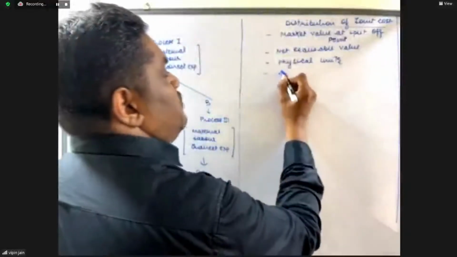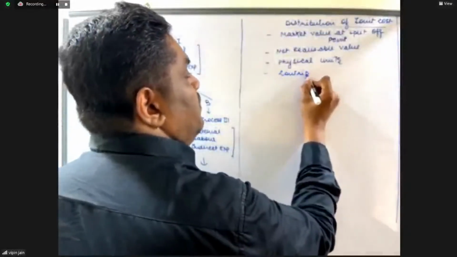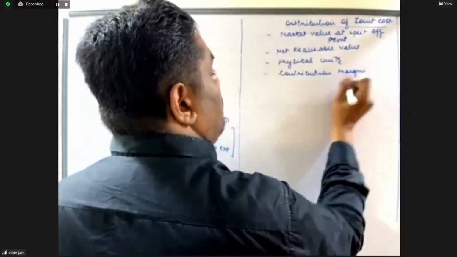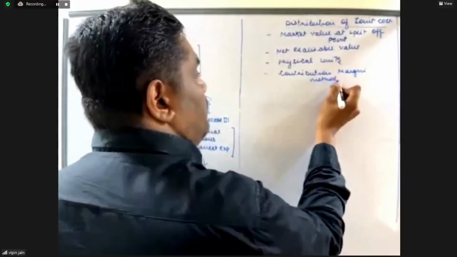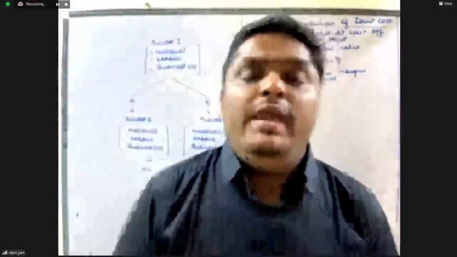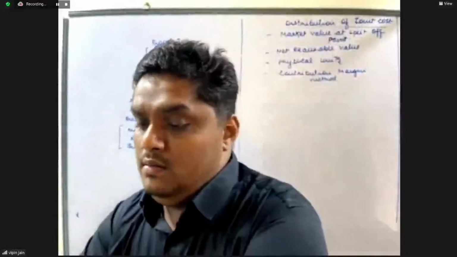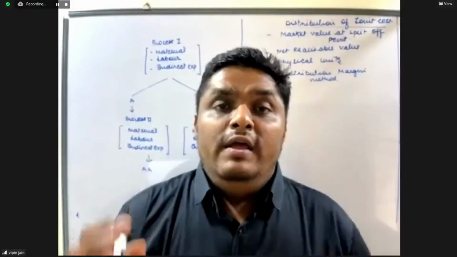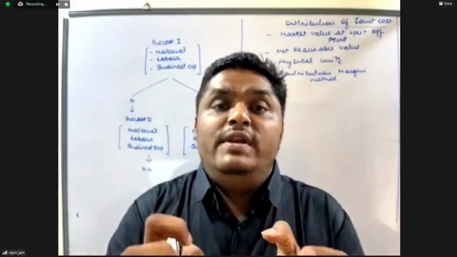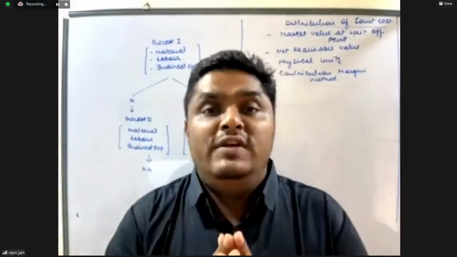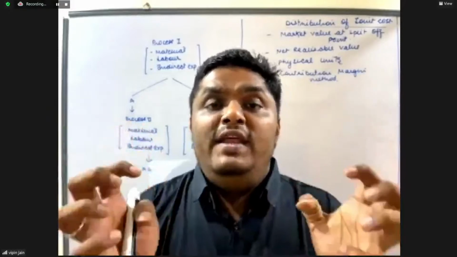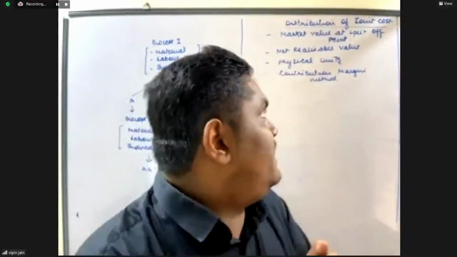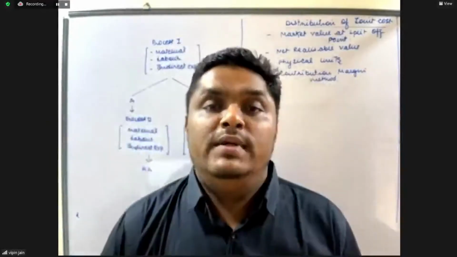Now, the next method is the contribution margin method. When talking about this method, if some information is given in the question as regards variable cost and fixed cost, I repeat again, if any information is given in the question as regards variable cost and fixed cost, then we will apply this contribution margin method.